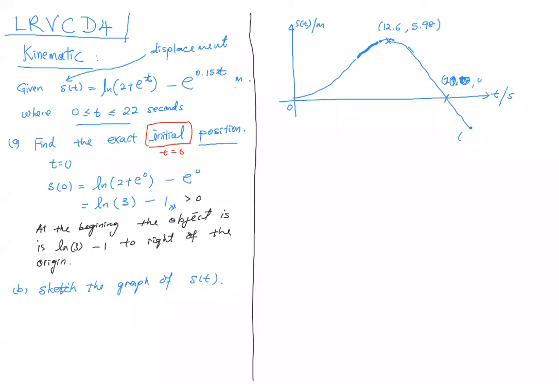Then this is 0, this is 22, and what is S(22)? Negative 5 point something. So when t equal to 0, you have to write down this is ln 3 minus 1.